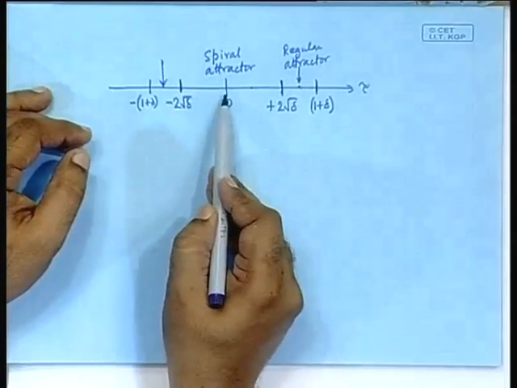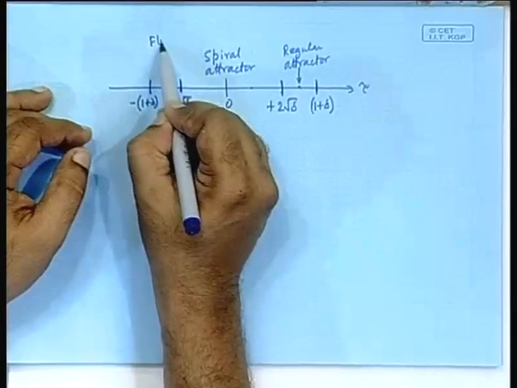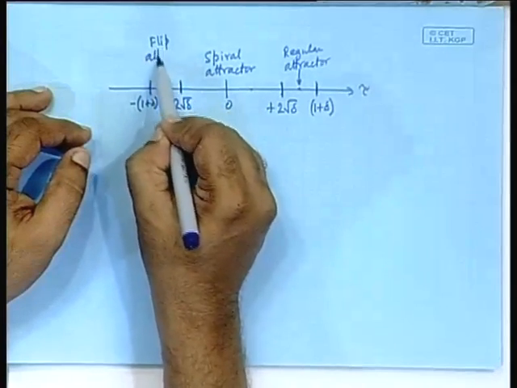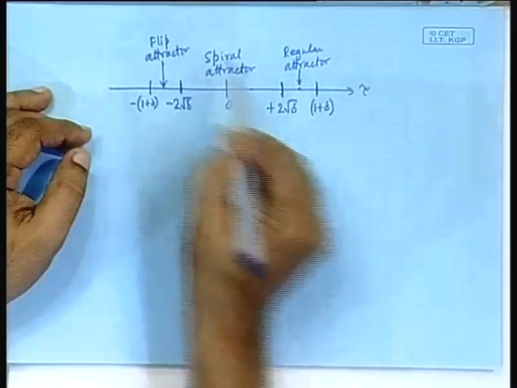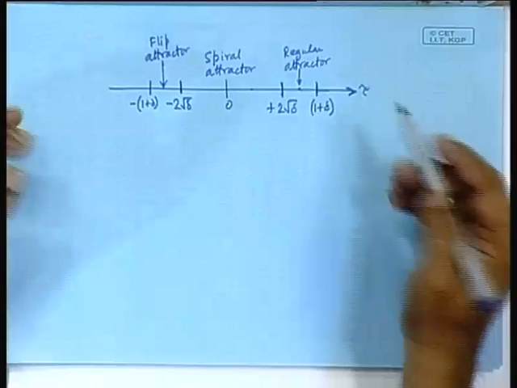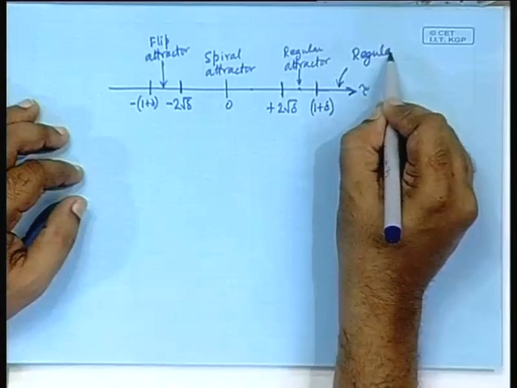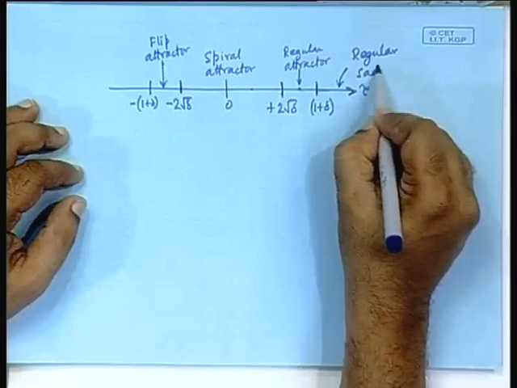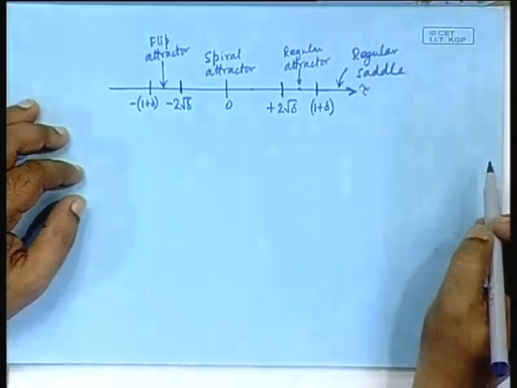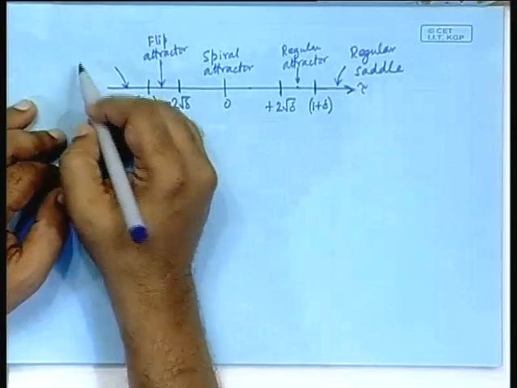Negative, eigenvalue would be negative, which means it will be a flip attractor. In this part it is positive, but the value will be greater than 1. So, it is regular saddle. Is it visible? I will have to write larger, and in this part it is flip saddle.